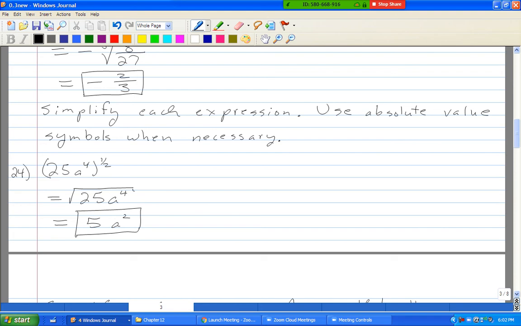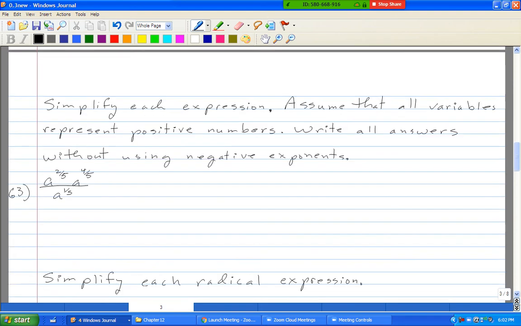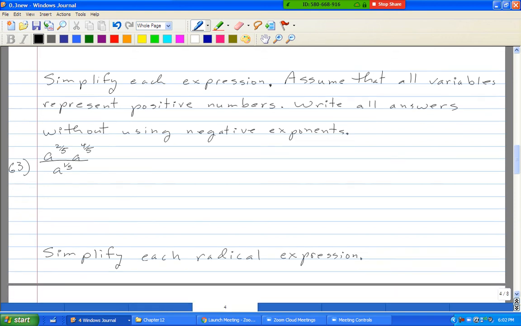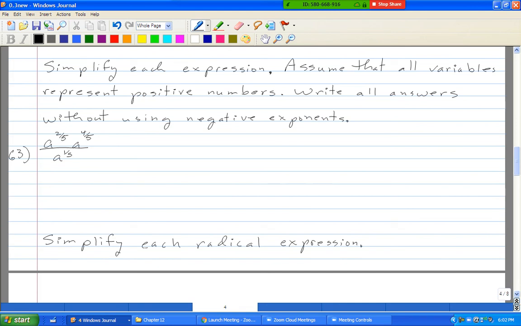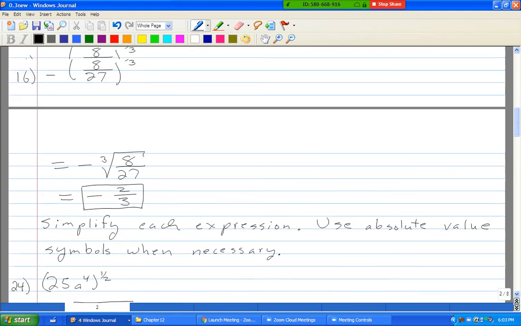Let me do problem number 63. Simplify each expression. Assume that all variables represent positive numbers, write all answers without negative exponents.